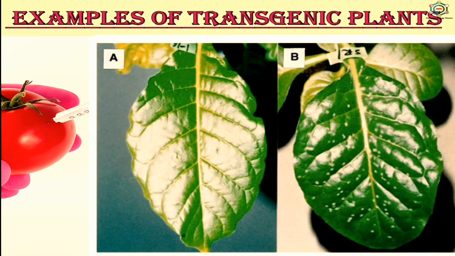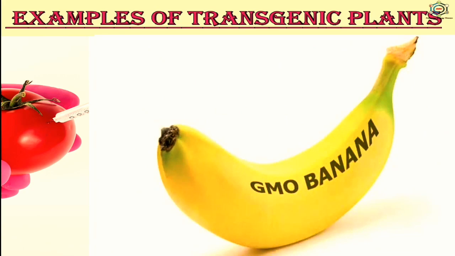Now, here tobacco. The CpTI, that is cowpea trypsin inhibitor gene, has been introduced in tobacco to show resistance against pests. Now, genetically modified bananas. Transgenic bananas contain in their genetic material a portion of the toxin gene of E. coli.